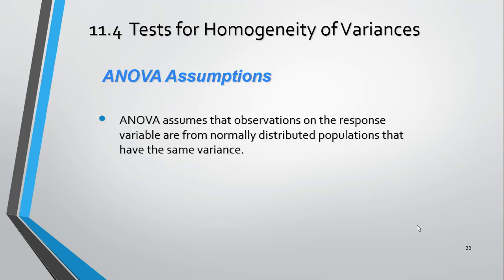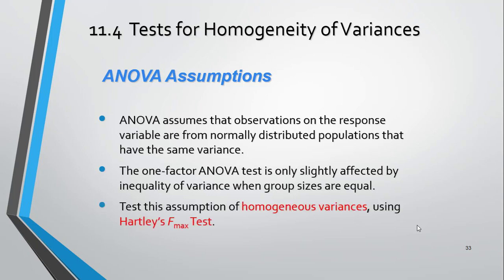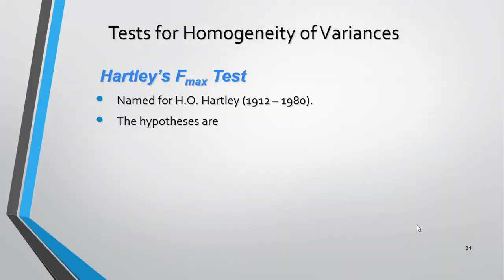But how do we know that there's a homogeneity of variances? One-factor ANOVA is only slightly affected by inequality of variance when group sizes are equal. To test this assumption of homogeneous variance, we can use Hartley's test, Hartley's F max test. Hartley's test is named after H.O. Hartley.